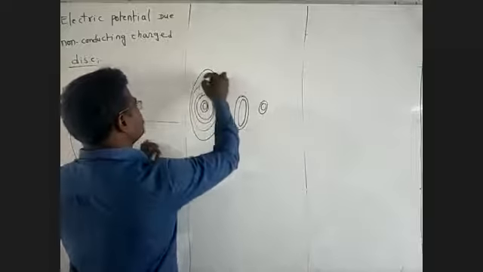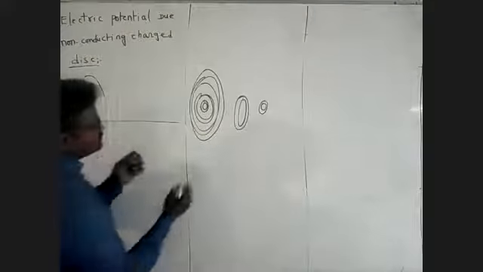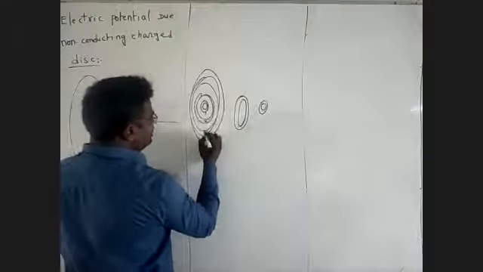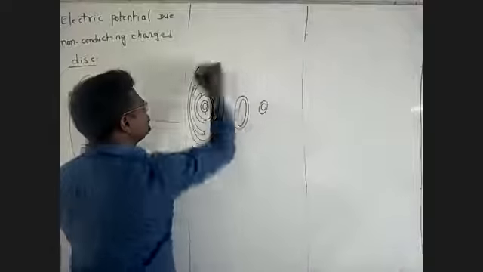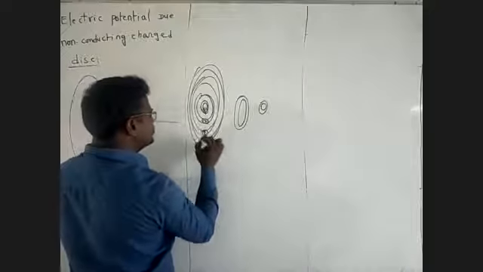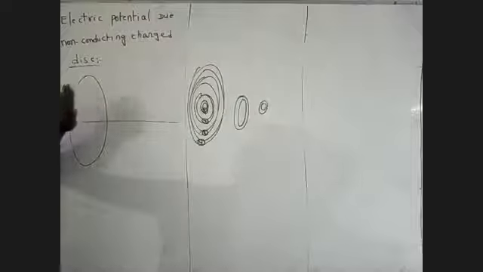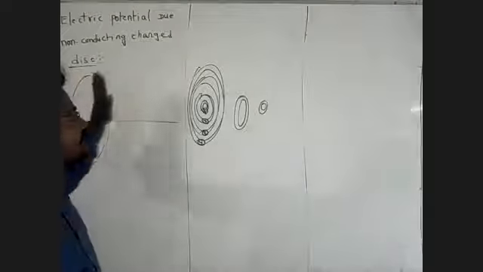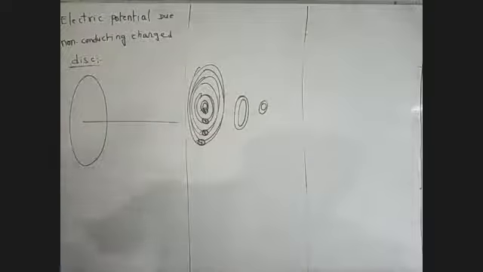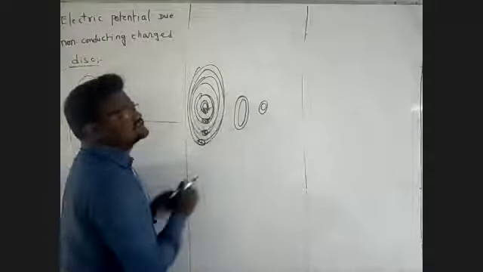This is the third element, this is a fourth element. So this is a disk, and we can divide the disk into a number of concentric circles.